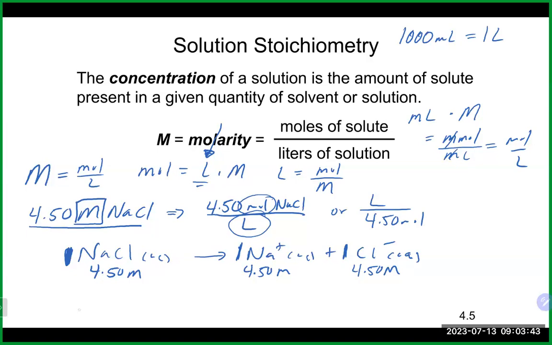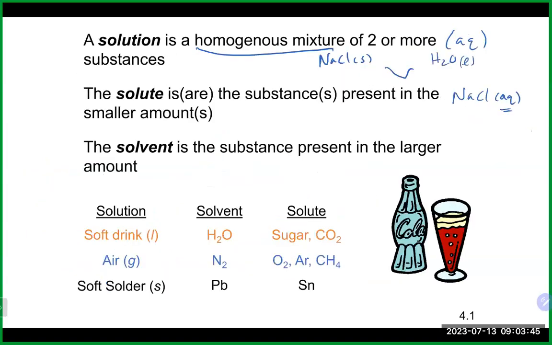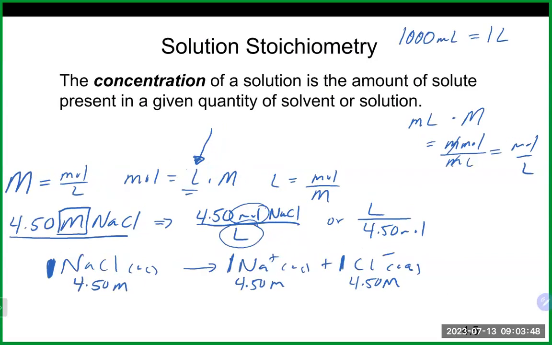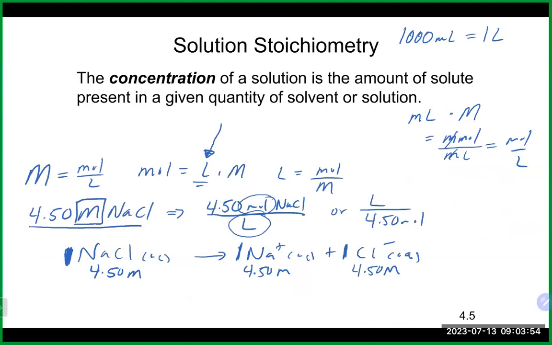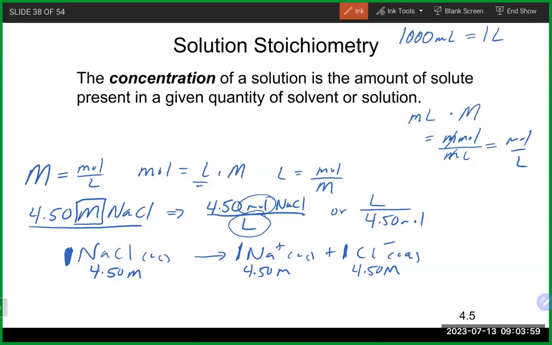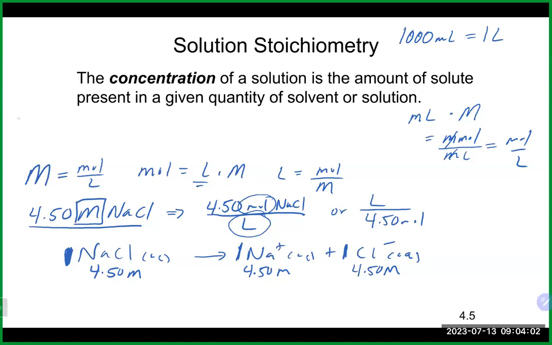The reason for that is here, if you had, say, the exact same molarity, we'll go with a 4.50 molar calcium chloride solution. When calcium chloride breaks apart, you get a calcium ion and 2 chloride ions.